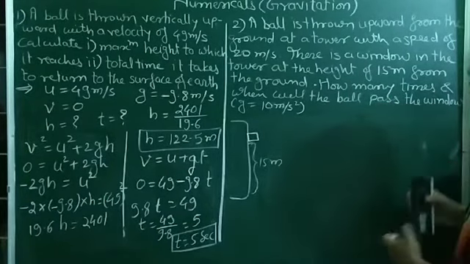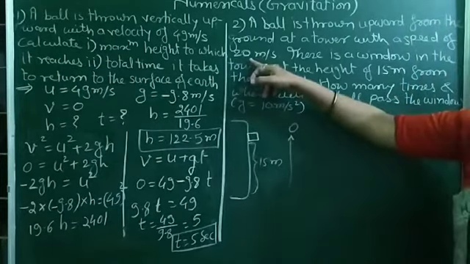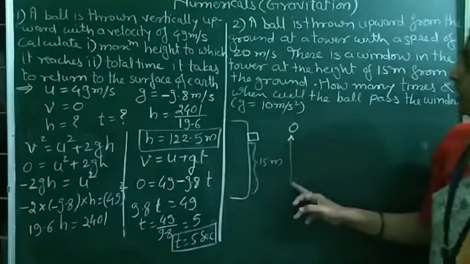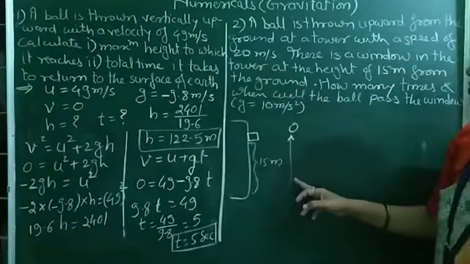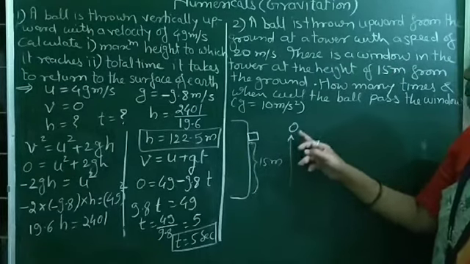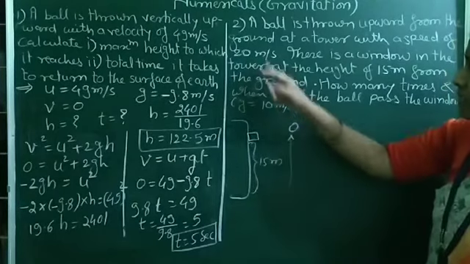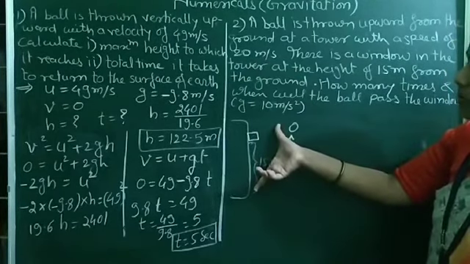So if we throw a ball in the upward direction with a speed of 20 meters per second, what we have to find is how many times the ball passes the window at the height of 15 meters.